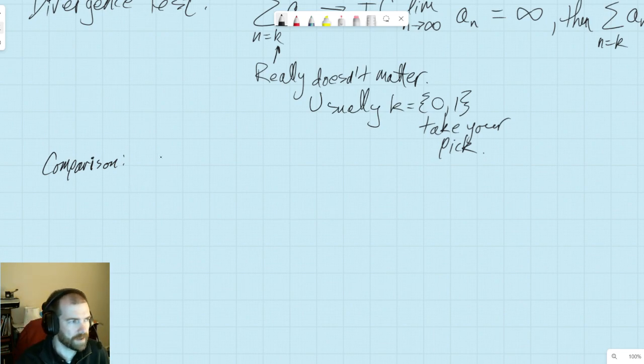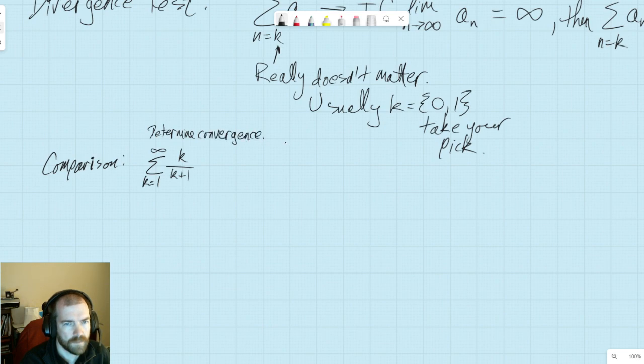You're going to take some particular sum, k goes from 1 to infinity of k over k plus 1. So we want to determine the convergence of this thing.